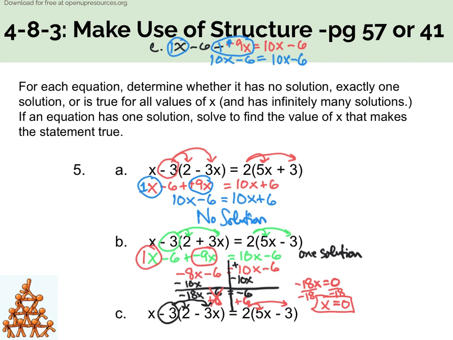Let's go ahead and compare those. We have 10x, 10x, awesome. Negative 6, negative 6, awesome. So this one is going to be either true for all values or infinite many solutions.